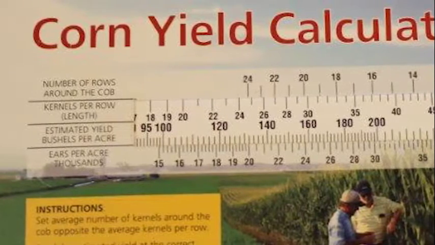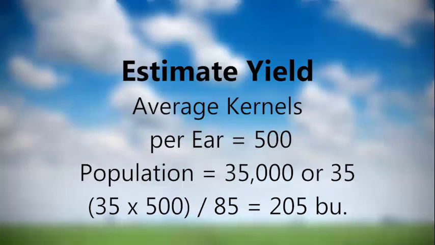Now the other way you can do it if you don't have the fancy slide rule is you can take that number of kernels, that 16, and multiply it times the 37. And you'll get a number. Let's say the number ends up being 500. And you'll take 4 or 5 ears and you'll end up getting 5 different numbers. And you'll take those kernel counts and you'll average them. And for the sake of fun, we will say that the average is 500 on the kernels that you count.